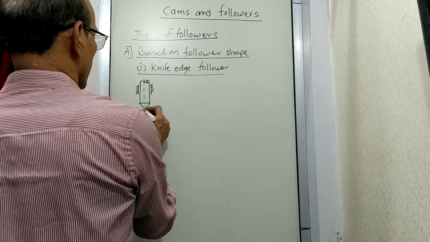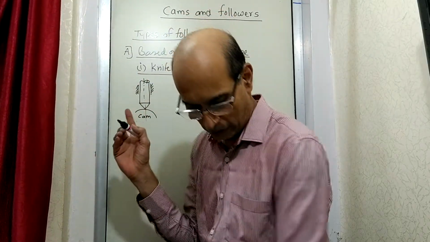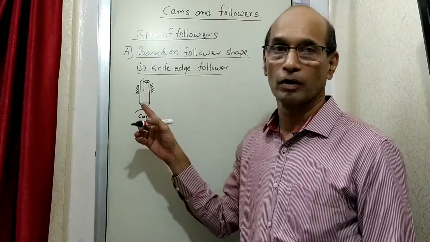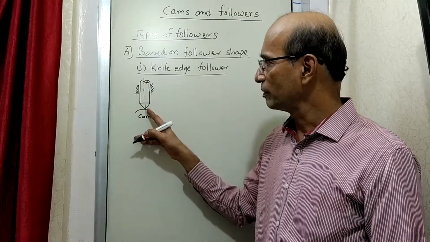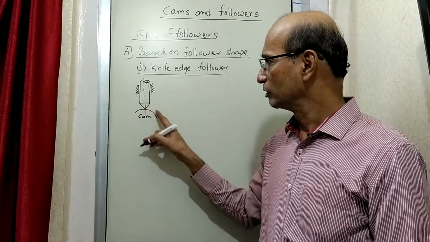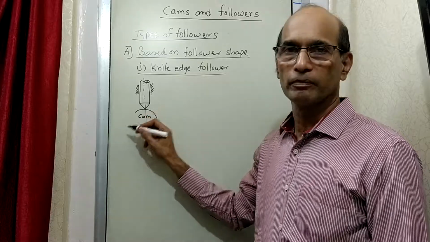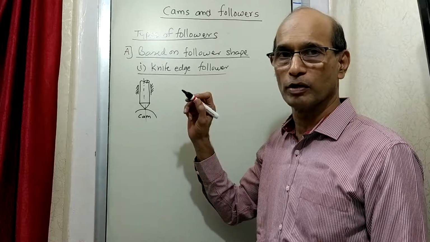And then there was a cam here. We are not going into the details of cam because we are studying follower. So this is a follower whose shape is like a pencil and it is having point contact with the surface of the cam. So when the cam moves according to the shape of the cam, this follower will move up and down, which we have seen.